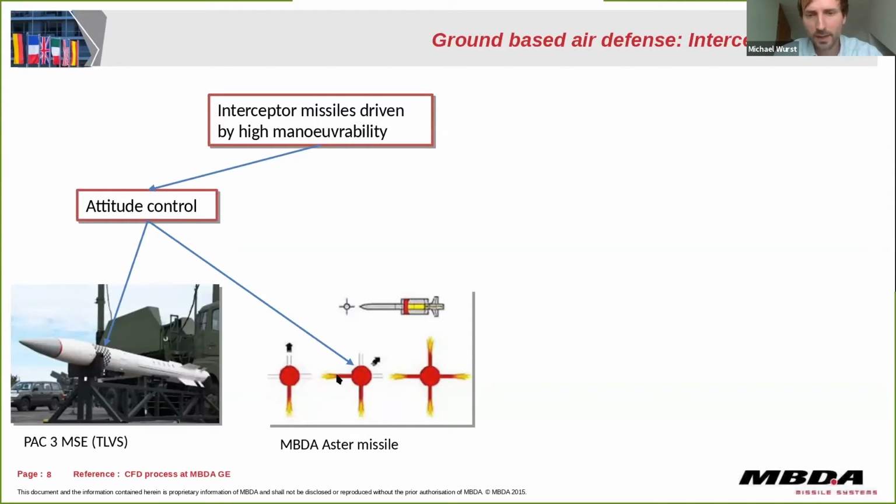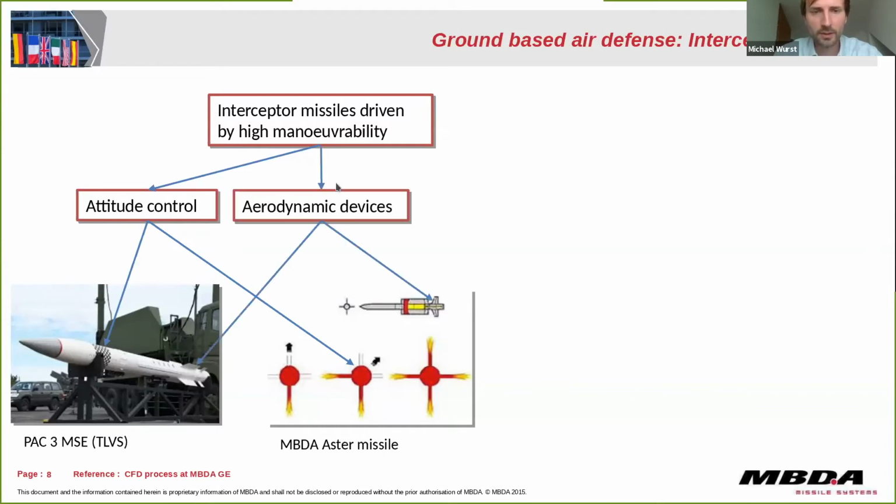And for the Aster missile, these systems are placed inside the wing here. Other possibilities to have high maneuverability are aerodynamic devices like vanes and fins, of course, and also thrust vector control. But here I want to concentrate now on these attitude control systems.